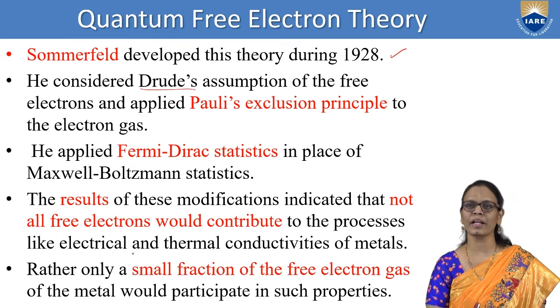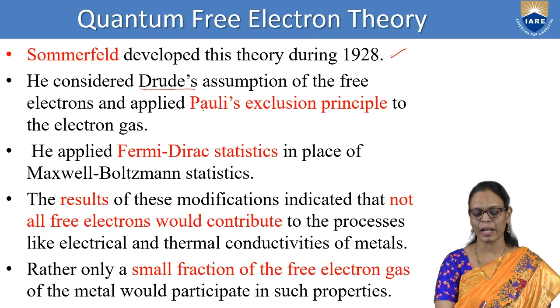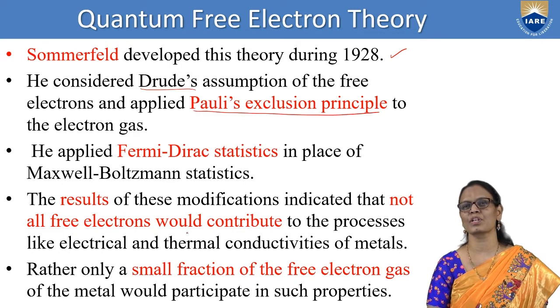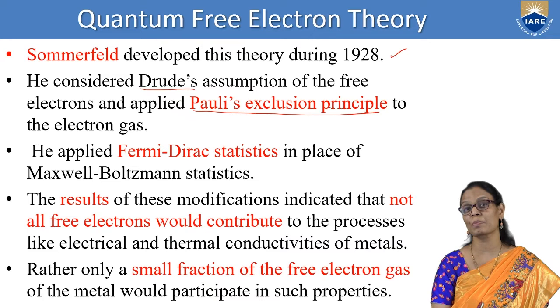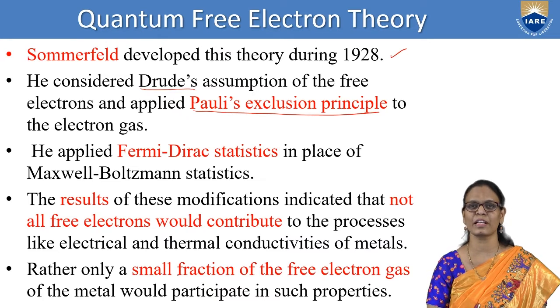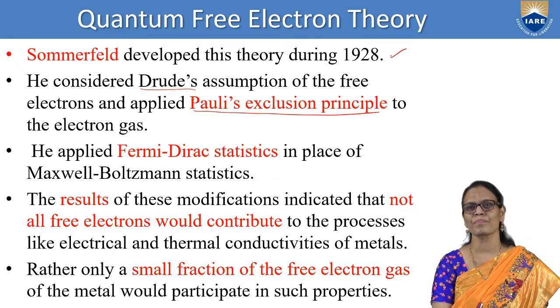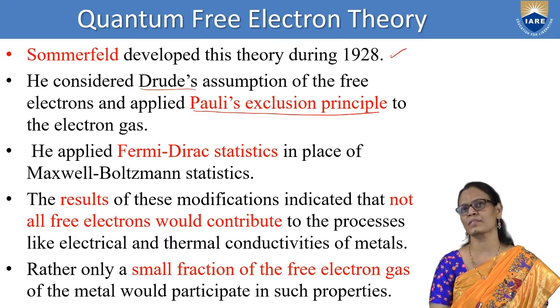Any atom you take consists of some free electrons, and these electrons can be made free very easily just by supplying a little thermal energy. And then he applied Pauli's exclusion principle, which is also very important in developing the quantum free electron theory.